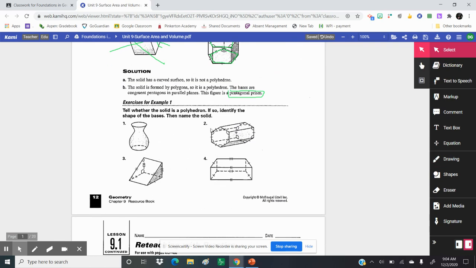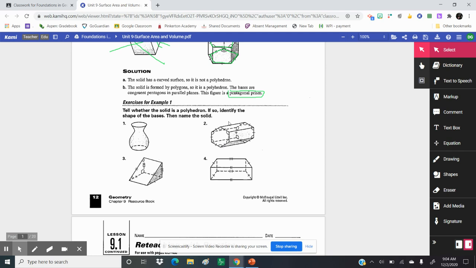All right, so take a look at these. Tell whether the solid is a polyhedron, and if so, describe it by naming the base. So if you take a look at the very first one here, again, this is curved, so this is not a polyhedron. But this one here, all of those faces are polygons, and the two parallel bases are hexagons, right? 1, 2, 3, 4, 5, 6.